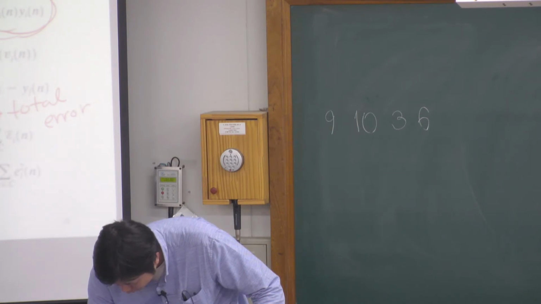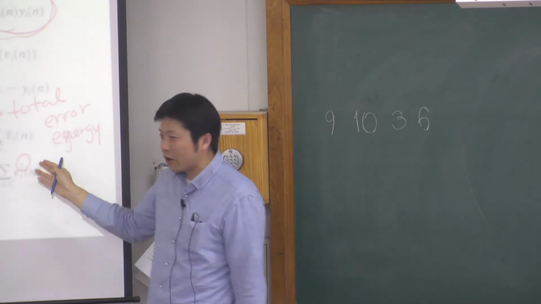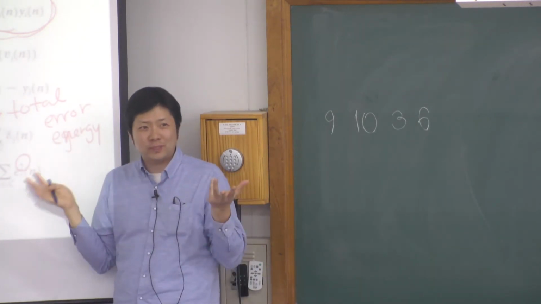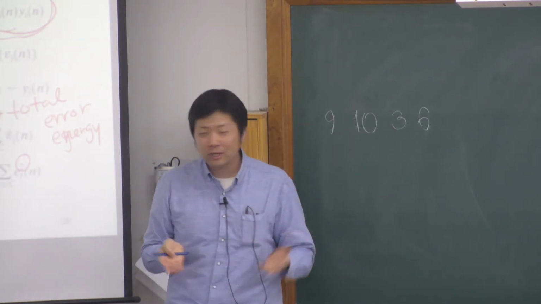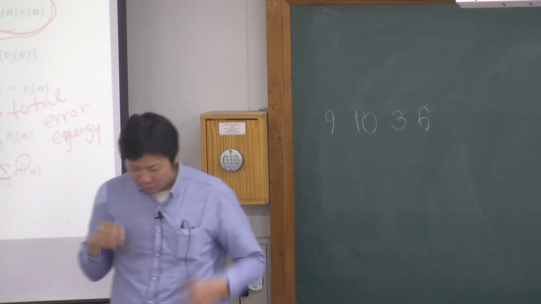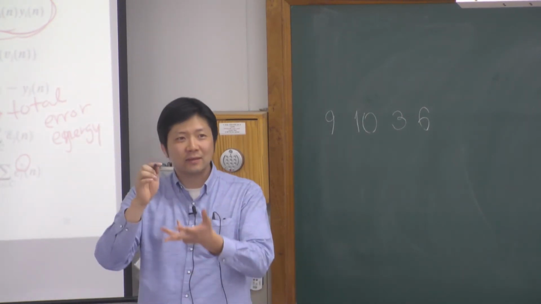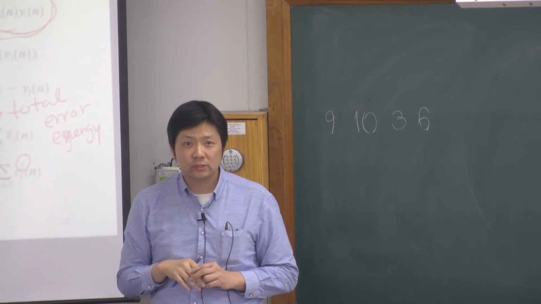This one is actually called total error energy, because we take the square, since we don't want to be disturbed by the direction of error. So we take the square, multiply it by half, and add up all these errors from all the output neurons.